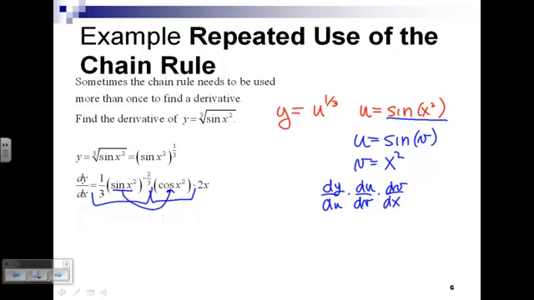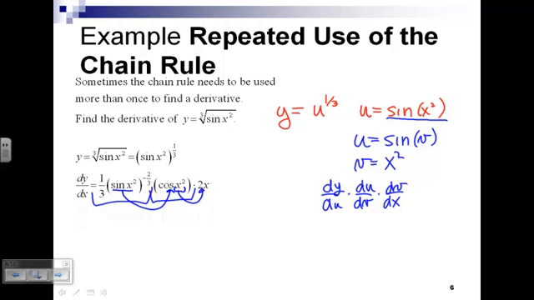Leave the inside the same. When you're doing the second composite function, the derivative of sine is cosine, and then the inside function is x squared. Then you do it times the derivative of the inside function, which is 2x. You peel the outside layer off, then take the derivative of the inside.